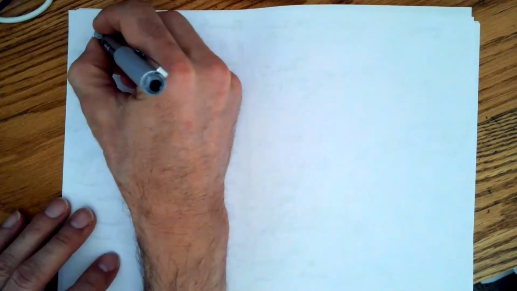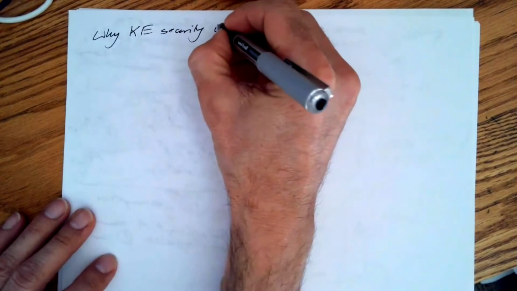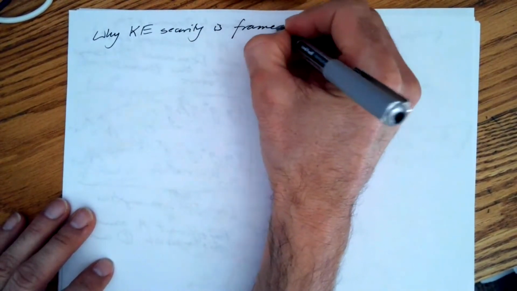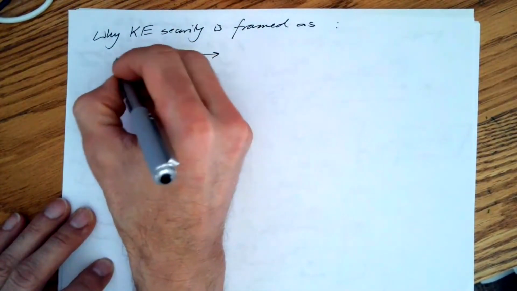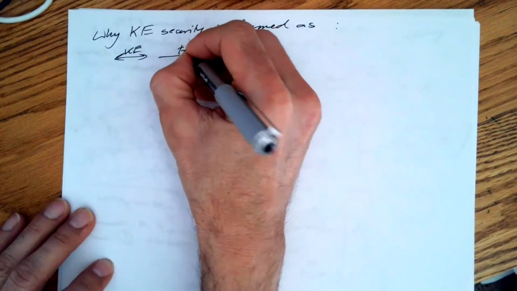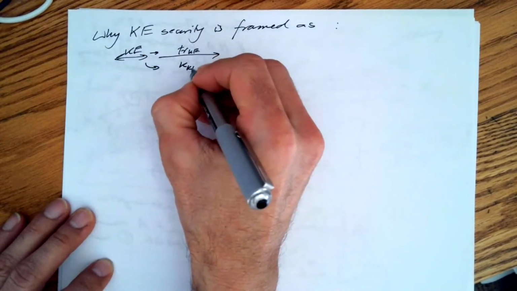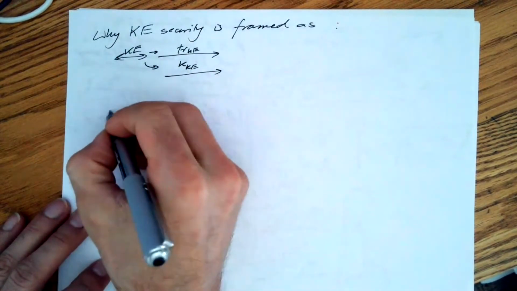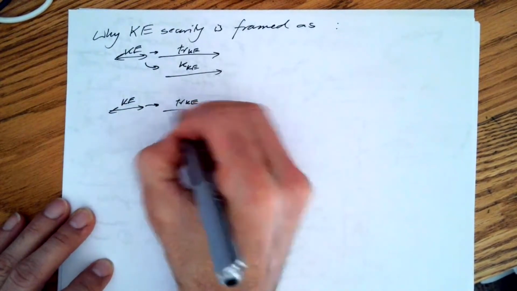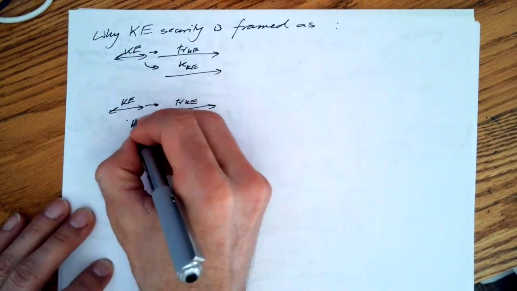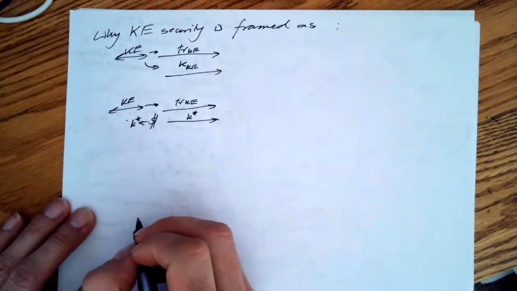Why is it okay to say that key exchange security is framed as indistinguishability between: the key exchange happens and creates a transcript, and also the key, versus the key exchange happens, creates a transcript, but then there's an independent key chosen at random, and the real key is replaced by this random one.